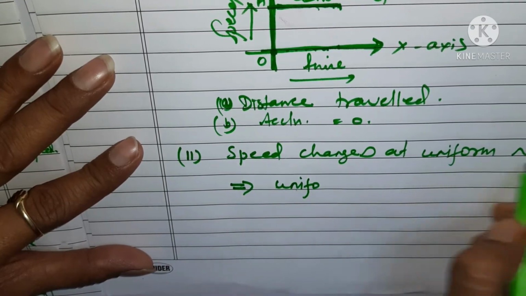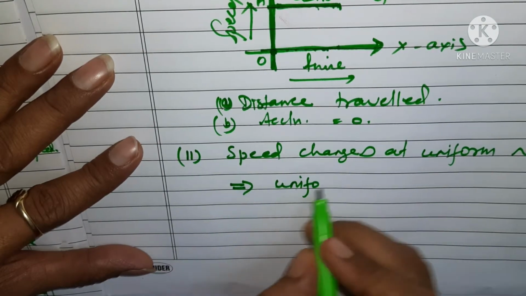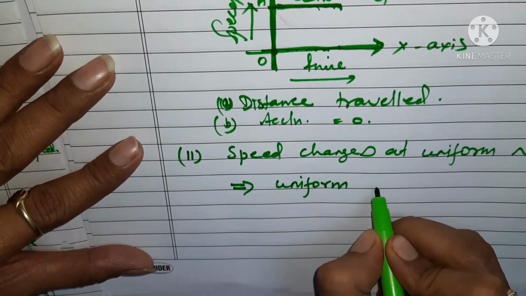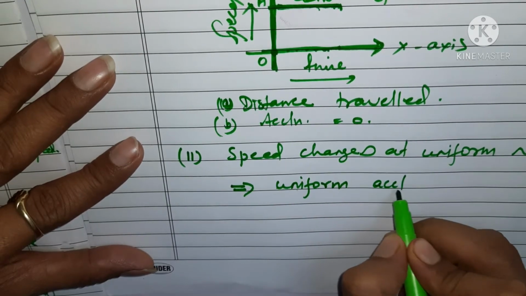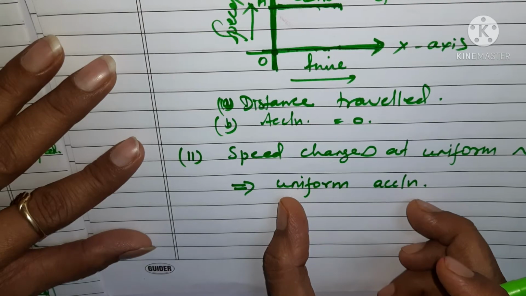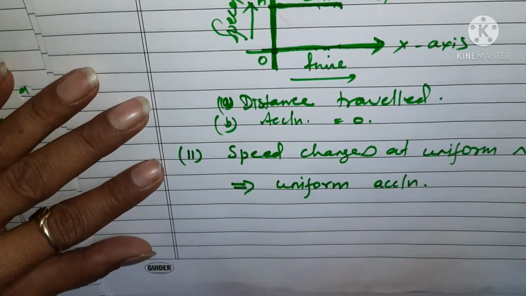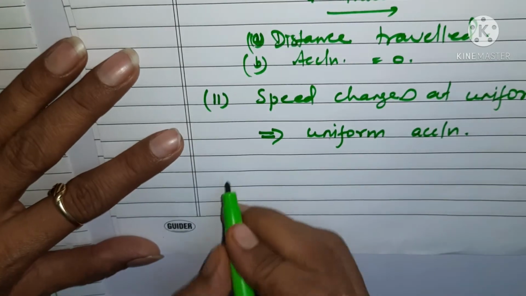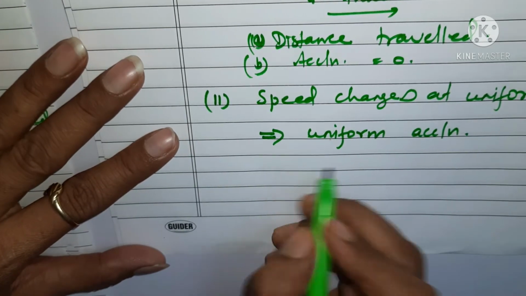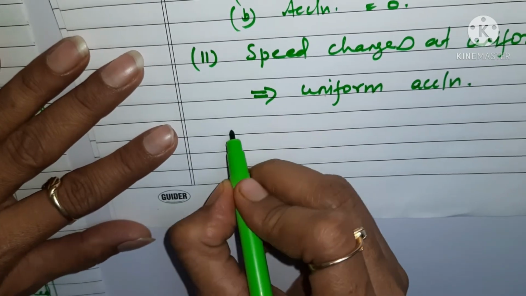When the change in speed is uniform, you will get uniform acceleration throughout. What type of graph are you going to get? In uniform acceleration, there are two types of graphs.